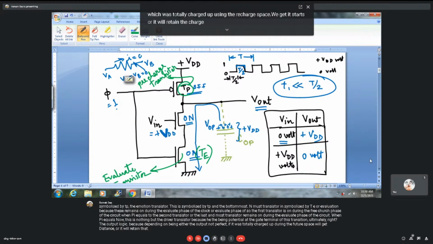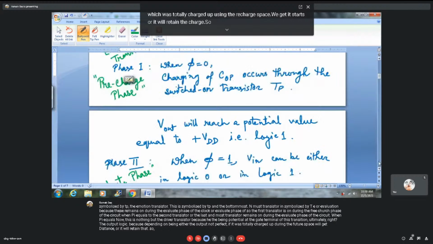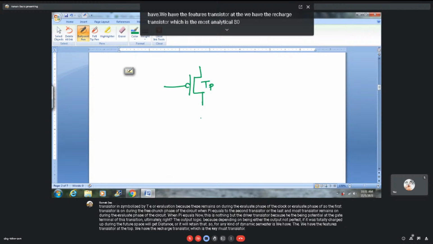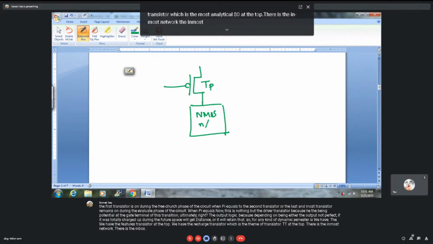So for any kind of dynamic CMOS circuit, we have the pre-charge transistor at the top. We have the pre-charge transistor, which is a PMOS transistor, TP, at the top. There is the NMOS network taking the input signal.